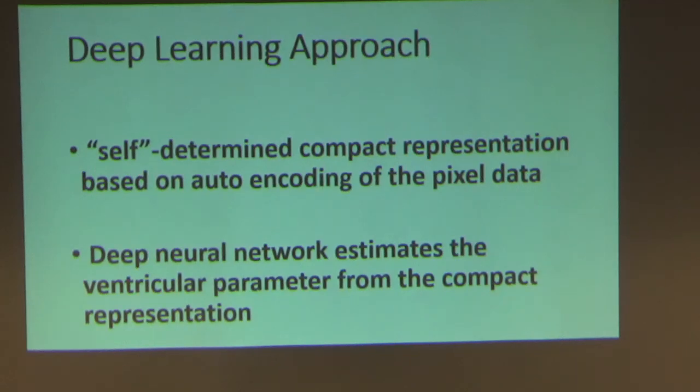So not unlike what you were talking about. Instead of, for instance, picking ahead of time 3 features, intensity, shape, correlation between pixels, you let the autoencoder decide what features it would use to extract that information. So that's part of the deep learning process.